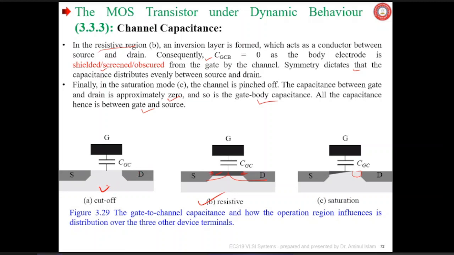Why are you saying that? Because it is P-type lightly doped Si. It is a semiconducting material. Still, you are telling that it is not giving the conducting path.